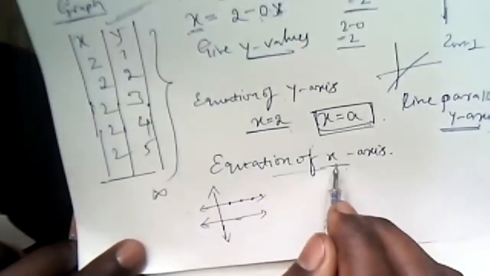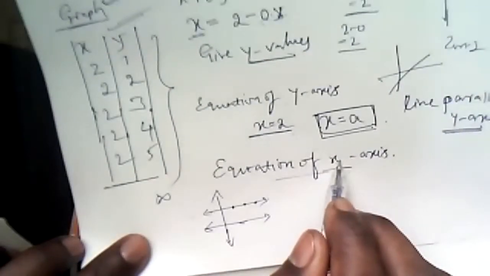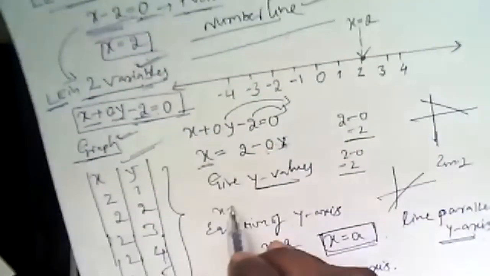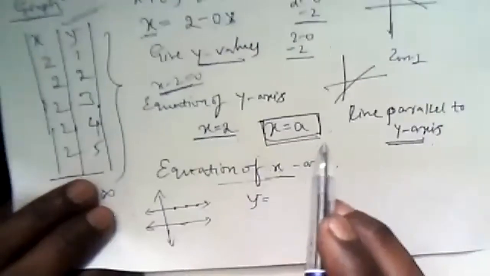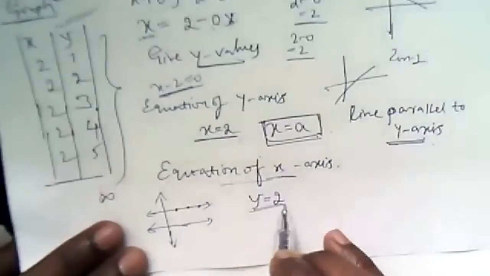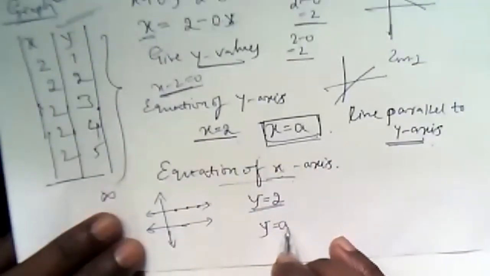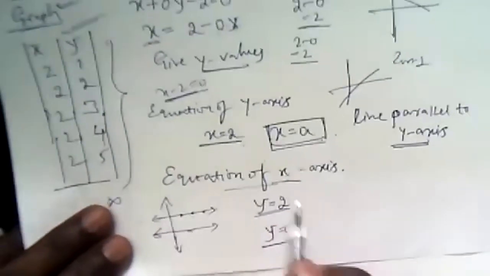Yes, y is equal to 2. If in case x minus 2 is equal to 0, in place of x you can take y. Therefore, it becomes y is equal to 2. In general, y is equal to a.